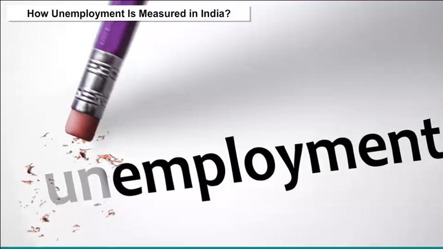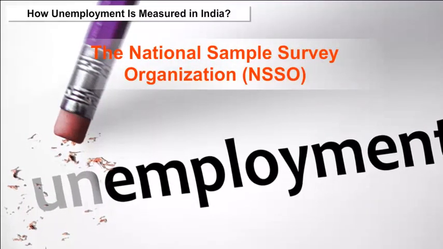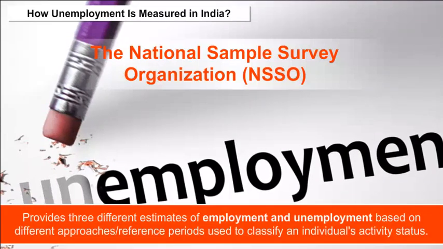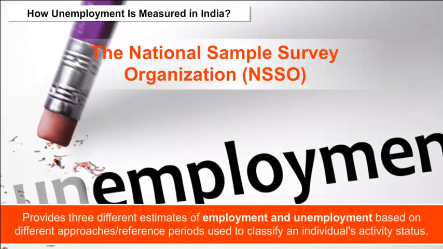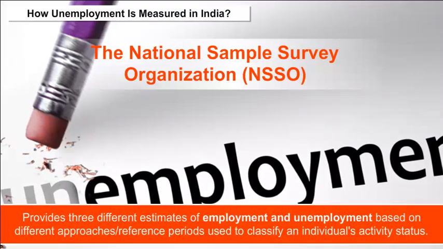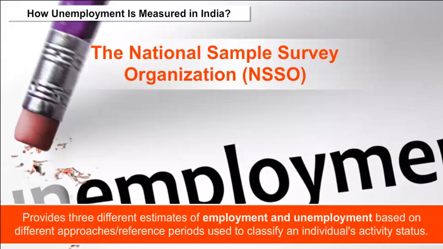How unemployment is measured in India. The National Sample Survey Organization, NSSO, provides three different estimates of employment and unemployment based on different approaches or reference periods used to classify an individual's activity status.